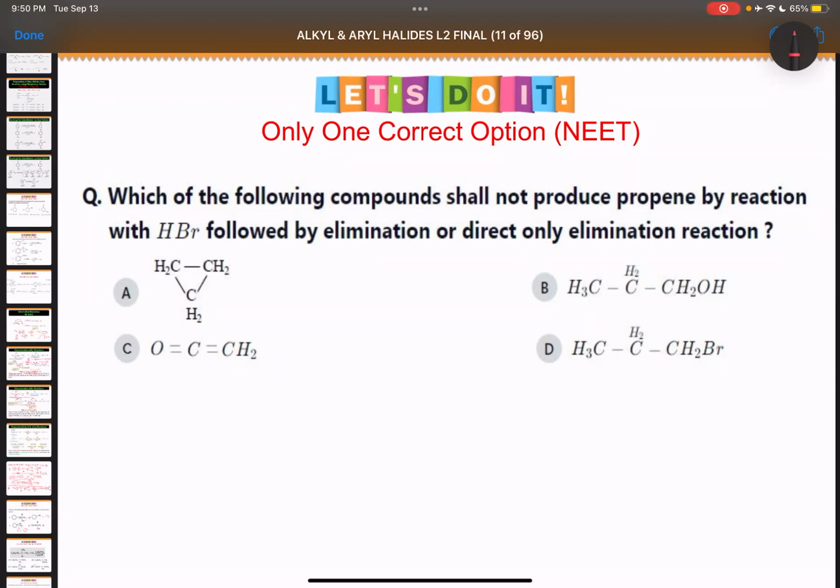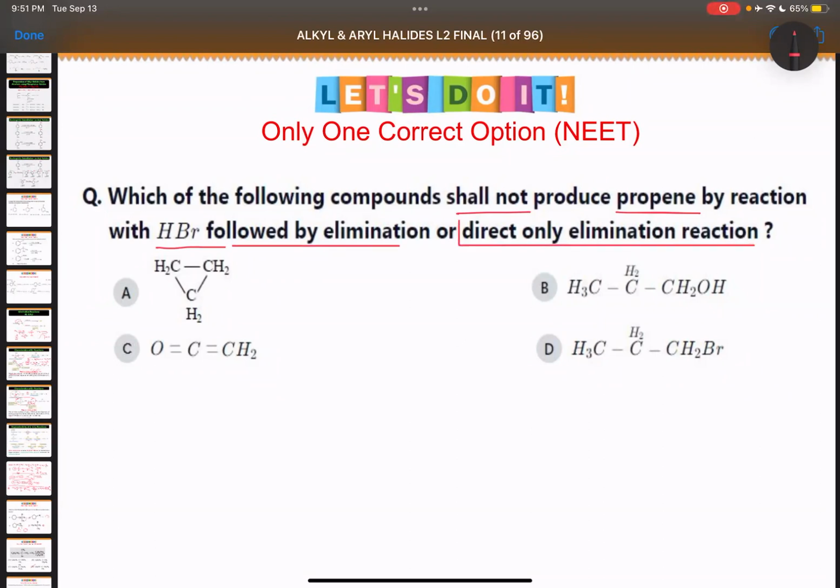Sir, what is the difference between elimination and direct elimination reaction? Actually, what this question is saying, which of the following compounds shall not produce propene? Means which of the following will not give you propene? So either the compound is first reacted with HBr and then elimination is done, or the compound allows you to directly go for elimination.